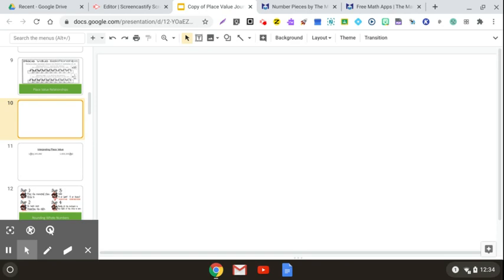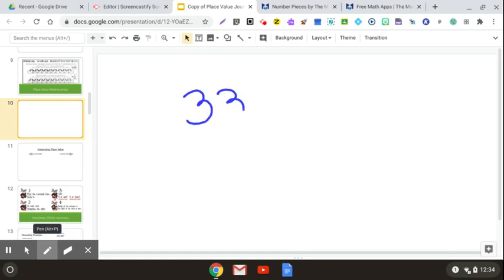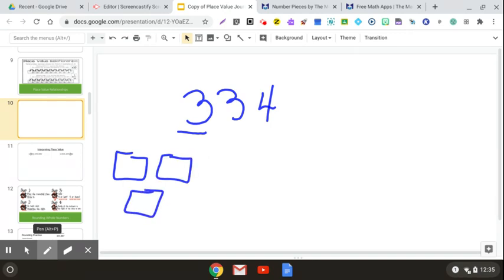All right. So if I were to give you the number 334, I'm going to underline that 3. That's 300. Draw a little picture here: 1, 2, 3, 300s.